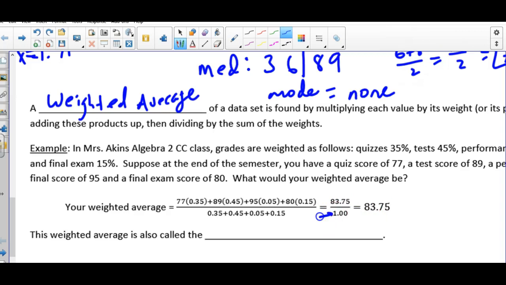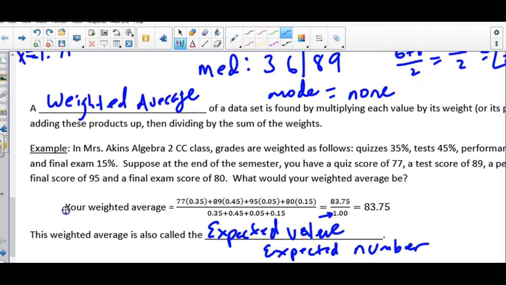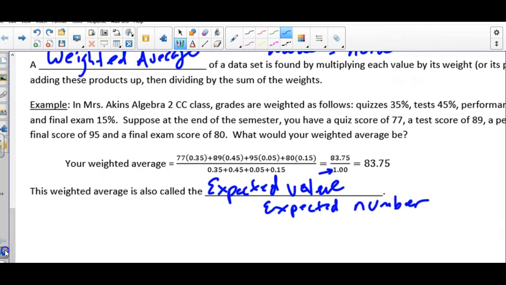But make sure you get 1 here, guys. The weighted average is also called the expected value, or you can call it the expected number as well.